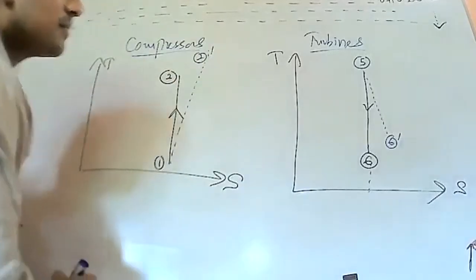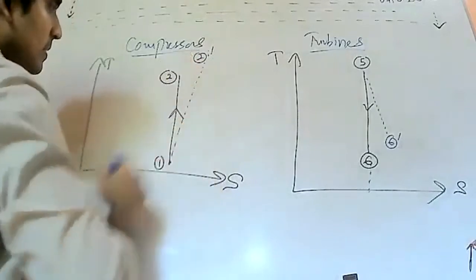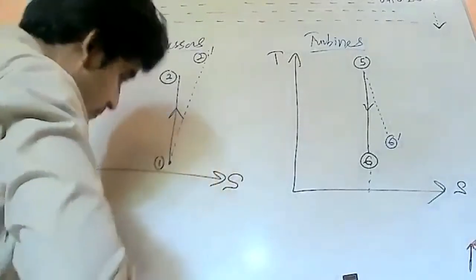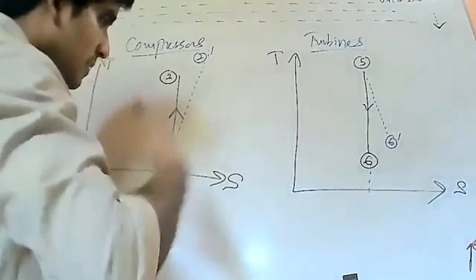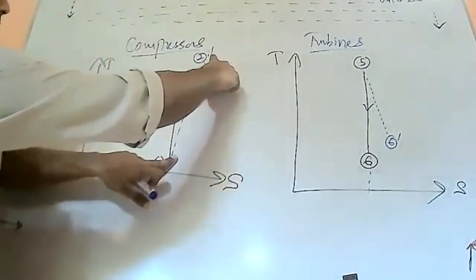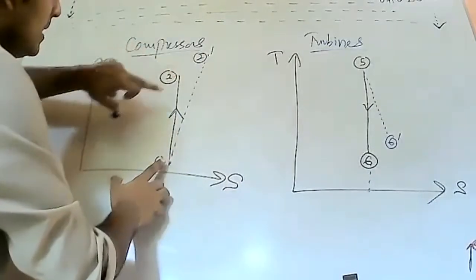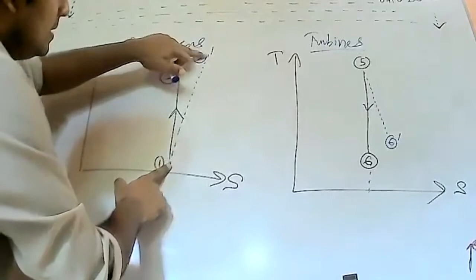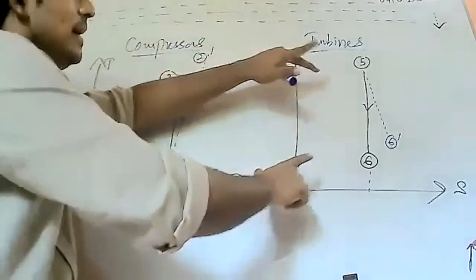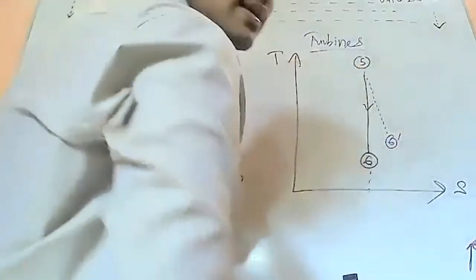This is the ideal case, and because of the efficiency concept, we have to do something more. So this is the actual scenario, and this is the ideal scenario. This is the ideal for the compressor, this is the actual for the compressor, this is the ideal for the turbines, and this is the actual for the turbines, right?